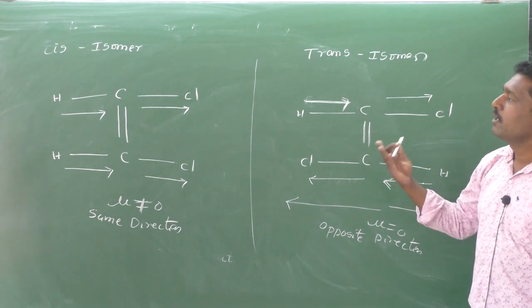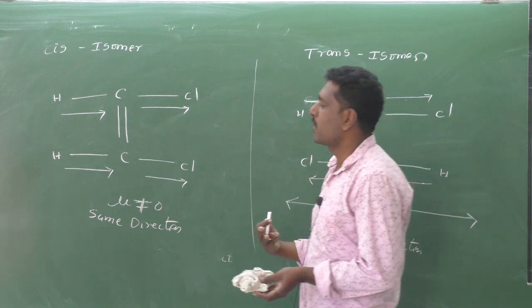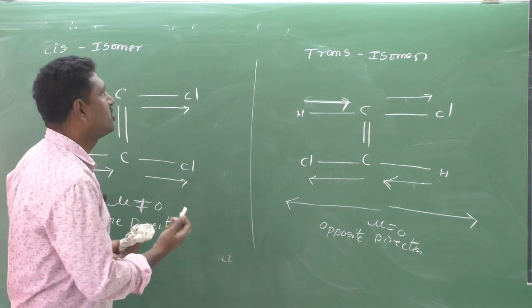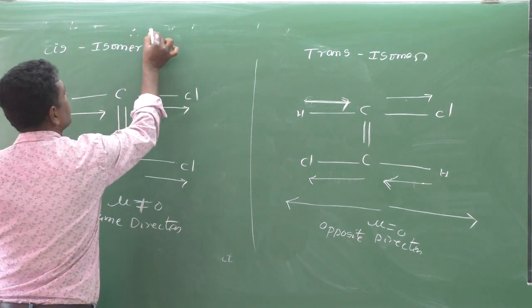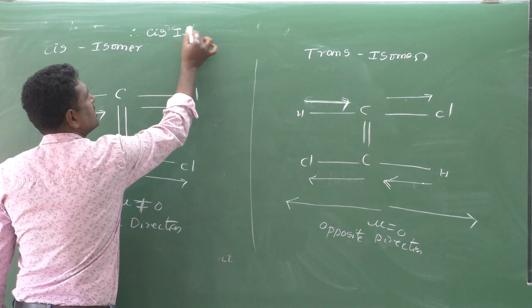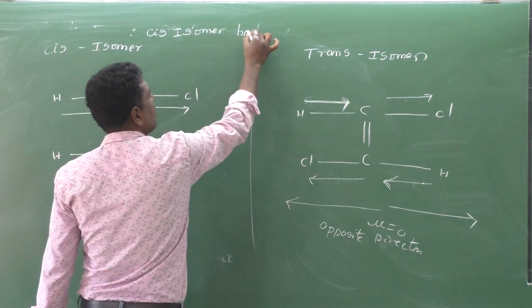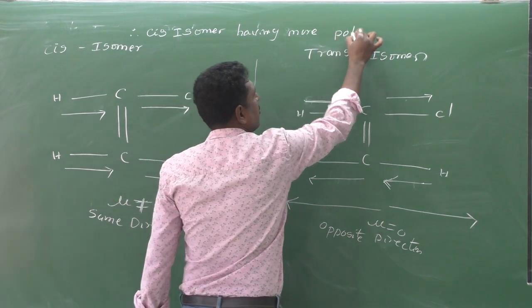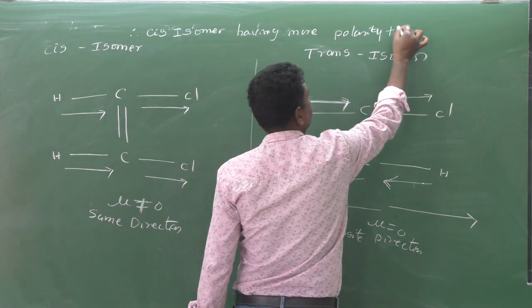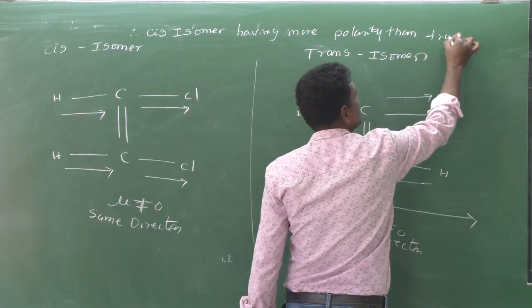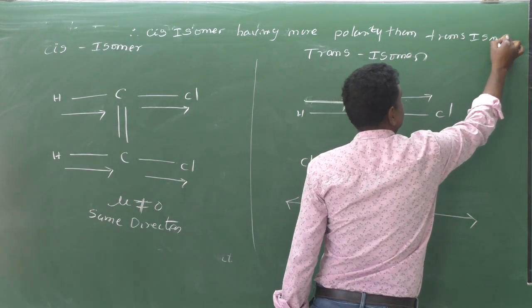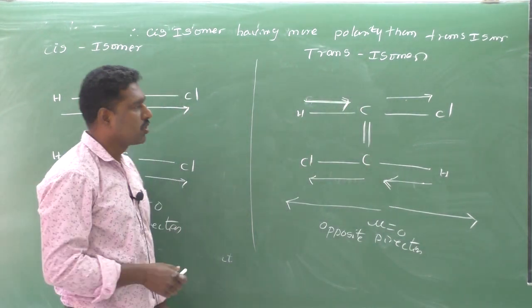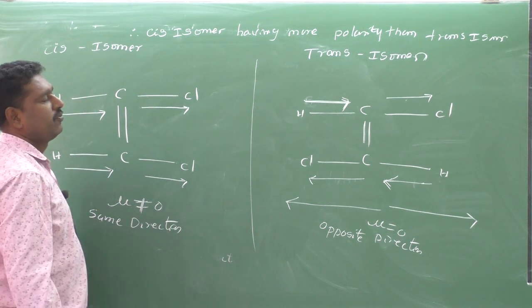By knowing these values, we can confirm that the cis isomer has more polarity than the trans isomer. So this is also very important.